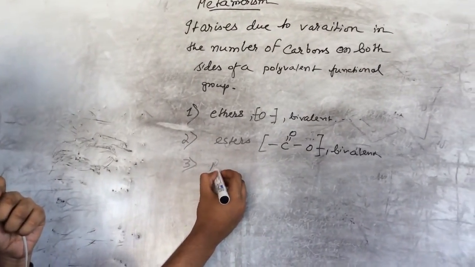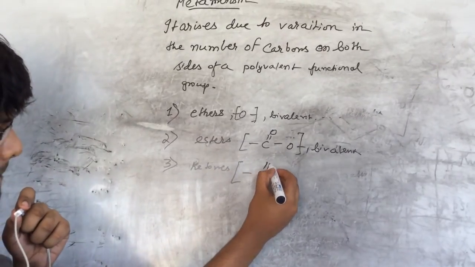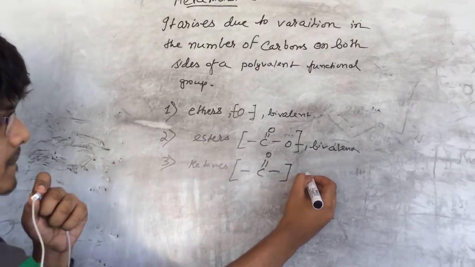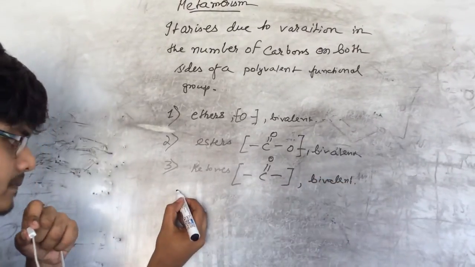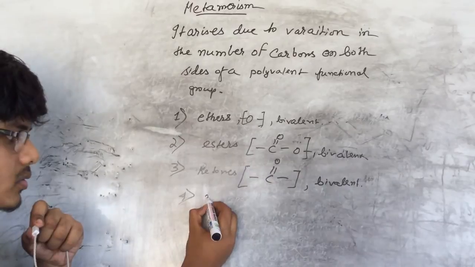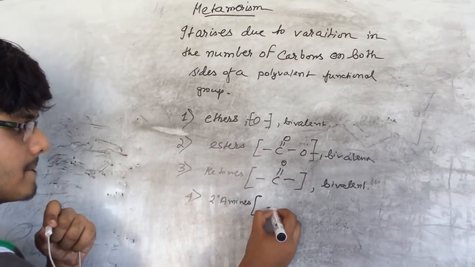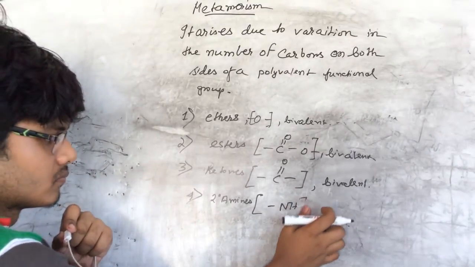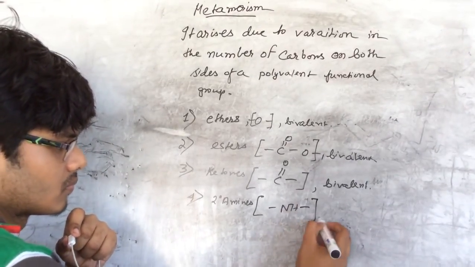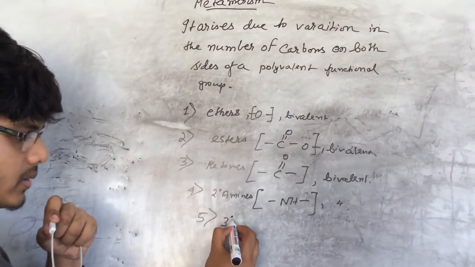It can take place in ketones. Again bivalent. In 2-degree amines. Three-degree amines.